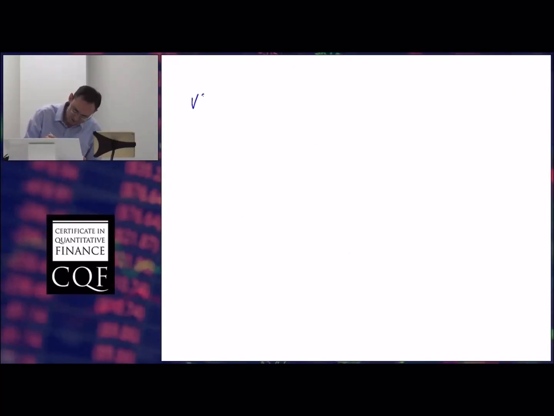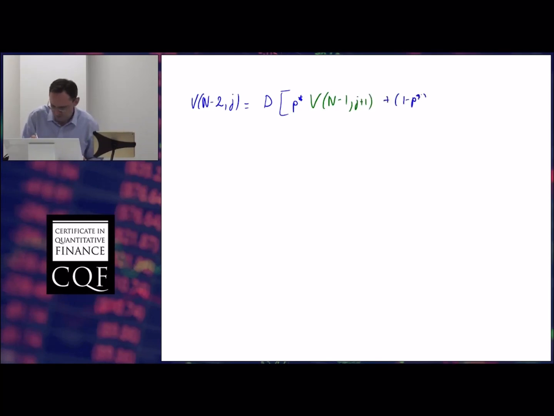So I've got V_(n-2),j is equal to D p star. Let's give it some colors. V_(n-1),j+1 plus 1 minus p star V_(n-1),j.